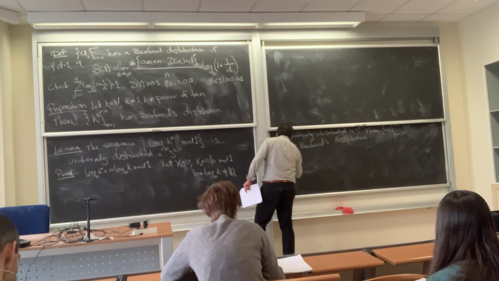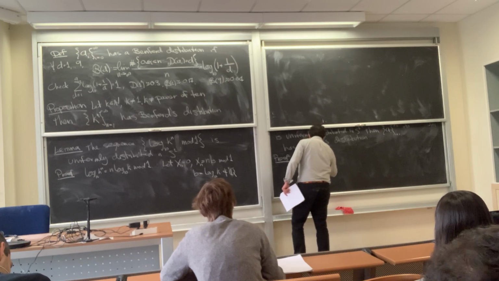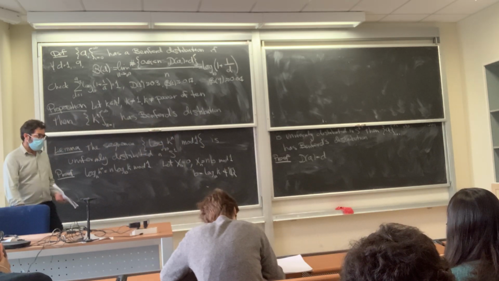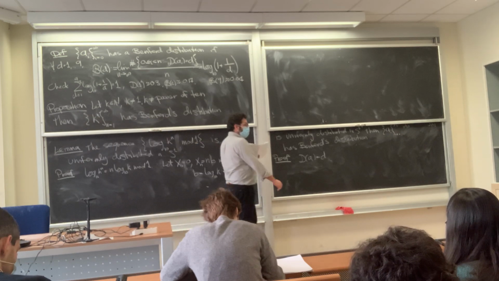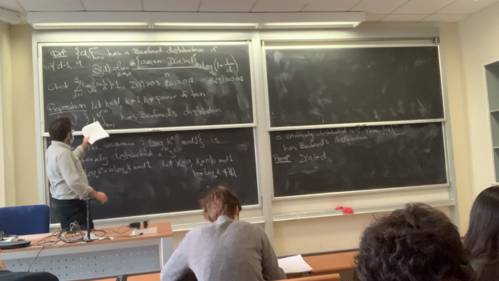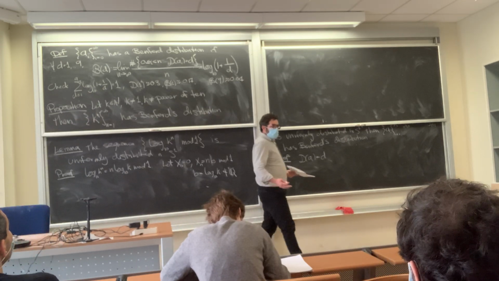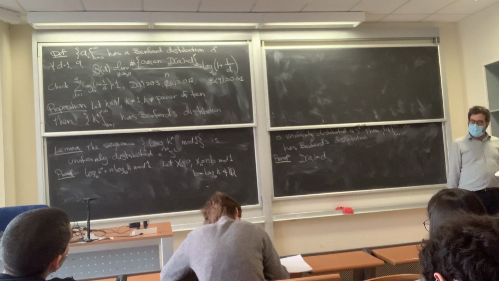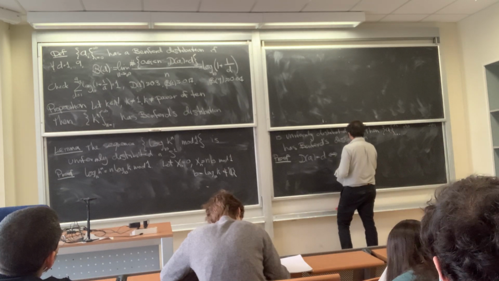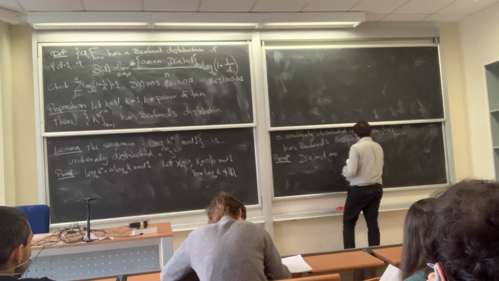The first observation is that if the leading digit of a_i is equal to D, suppose your number starts with 7. These are all numbers bigger than 1, so we don't have decimal places. If it starts with 7, then it's going to be 7,000 something, or 7 million something, or 7 billion something. So we can write it as D times 10 to the J plus something.